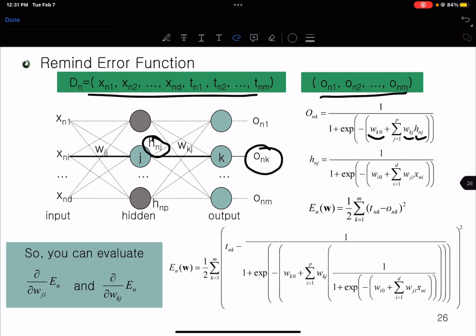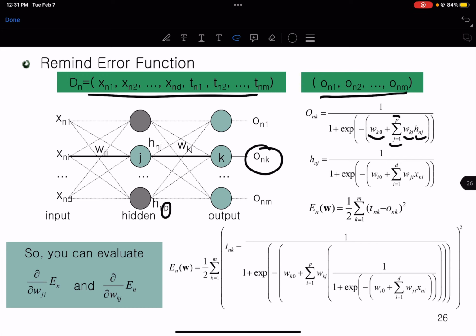This value multiplied by this value, and j from 1 to p. Why 1 to p? Because there are p hidden nodes in our previous hidden layer.